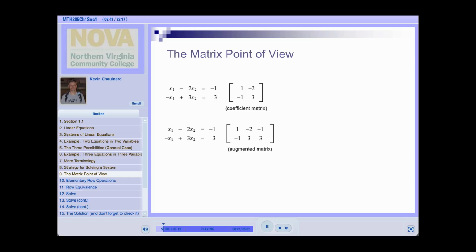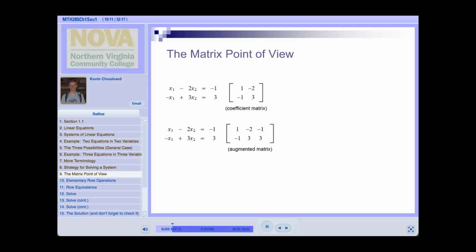One is to use a coefficient matrix, which is a 2 by 2 grid that takes the coefficients from the left-hand side. You notice the coefficients in the top equation, coefficient of x sub 1 is 1, the coefficient of x sub 2 is negative 2. For the bottom equation, the coefficient of x sub 1 is negative 1, and the coefficient of x sub 2 is 3. So if I take those numbers and put them into a matrix, you get this coefficient matrix.